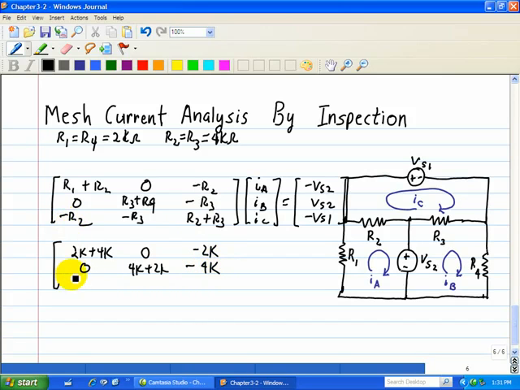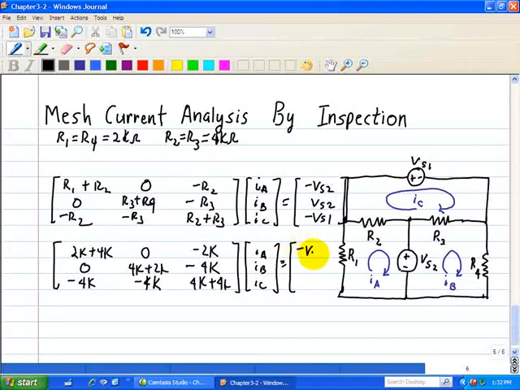We have minus R2, which is just minus 4K. Minus R3, which is minus 4K. And then finally we have R2 plus R3, so that's just 4K plus 4K. Multiplied by our vector of unknown mesh currents, which is equal to the voltage sources of minus VS2, plus VS2, and minus VS1.